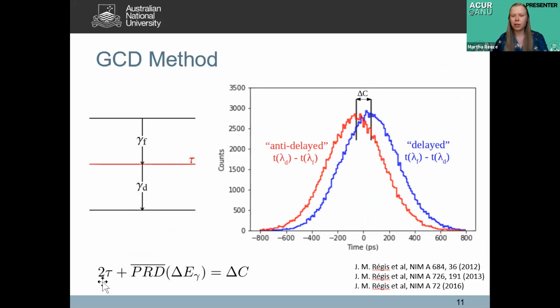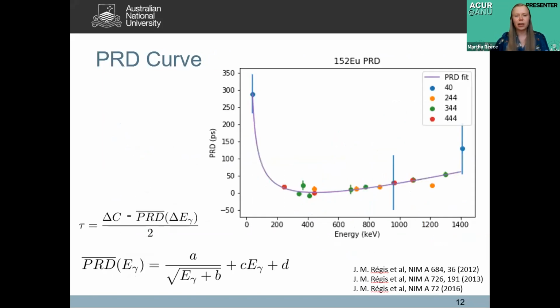Delta C is 2 times the lifetime plus this factor that we call the prompt response difference. That is a characteristic response delay from the setup, which is energy dependent. I also have the prompt response curve here that we use for the experiment, which we calibrated based on known sources. So this is the energy dependent delay of the detector setup. And so that goes into that as well.